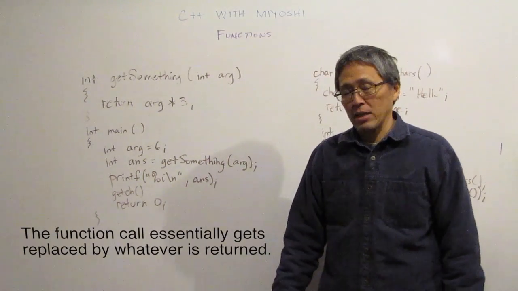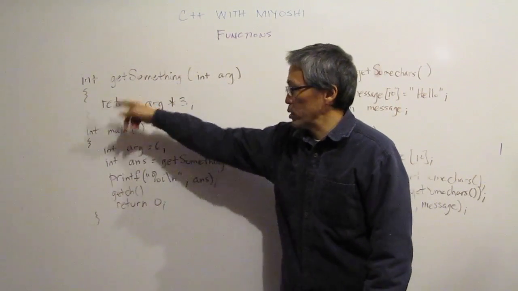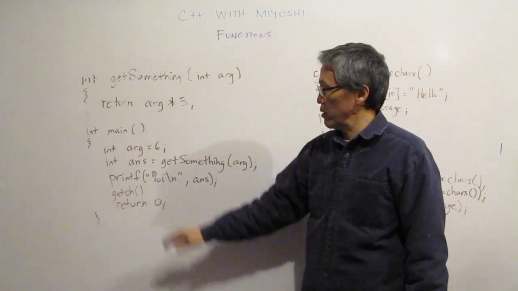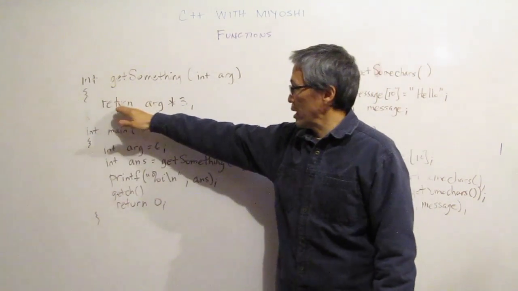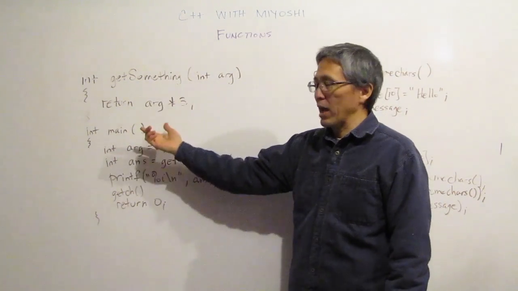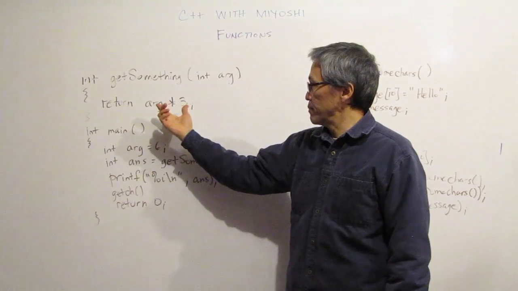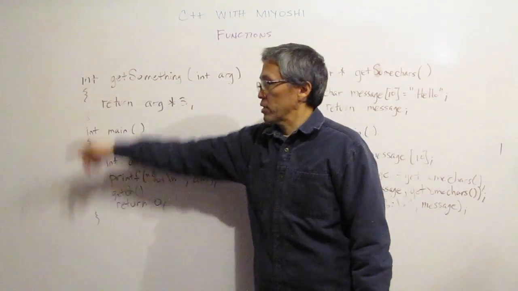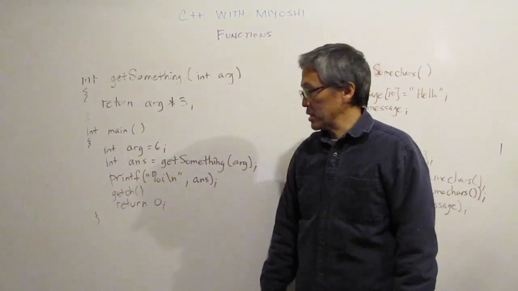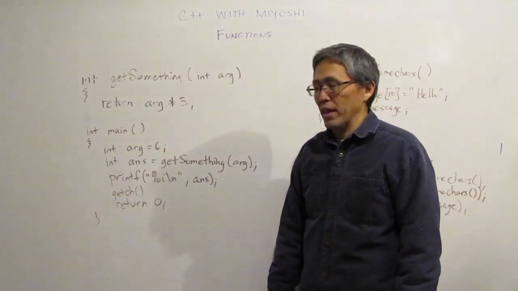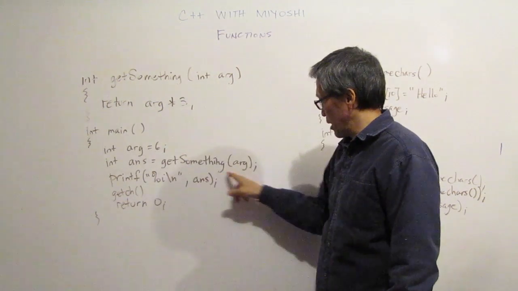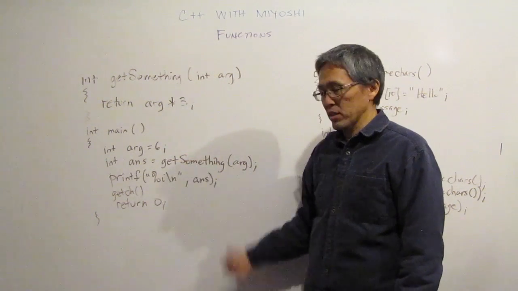Oftentimes the confusion in my classroom is: what happens with this return? Whenever I return something, what happens there? Well, again, whatever's on the right of that return, whether it's a value, or nothing, maybe there's a void and there's nothing there, or maybe it's just some calculation like we have here, that answer takes the place of the function call.